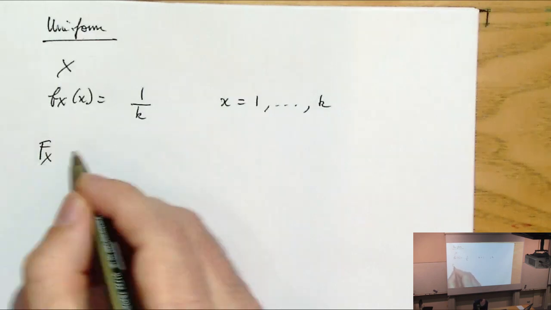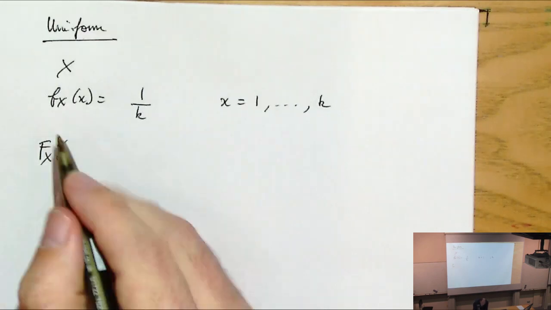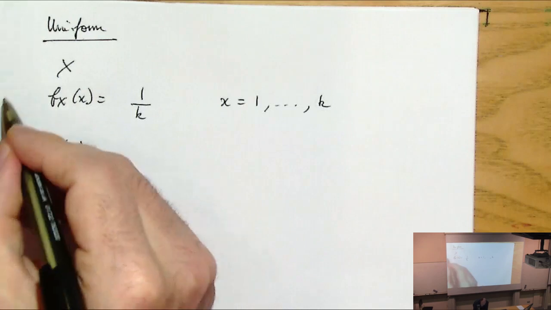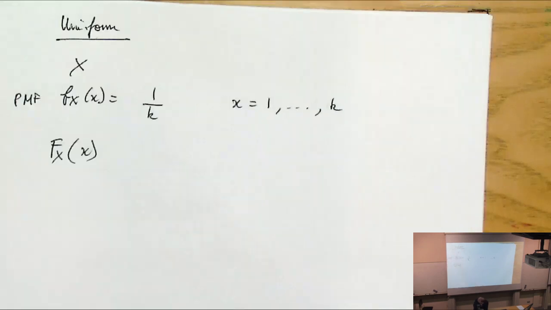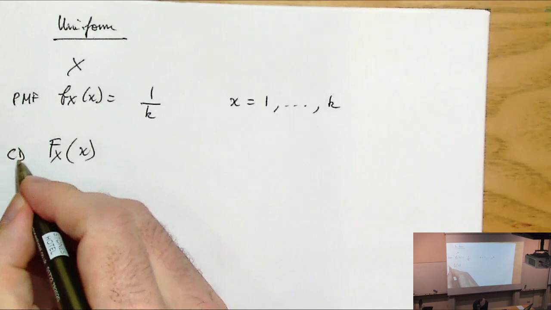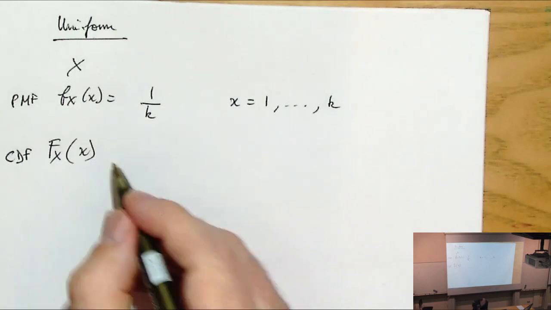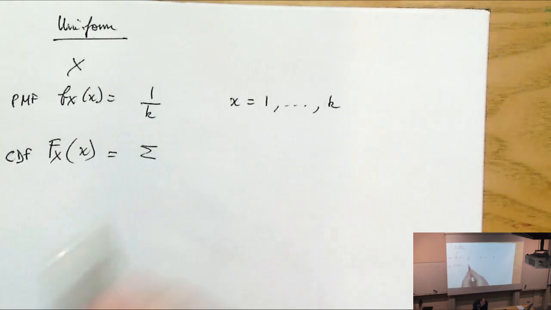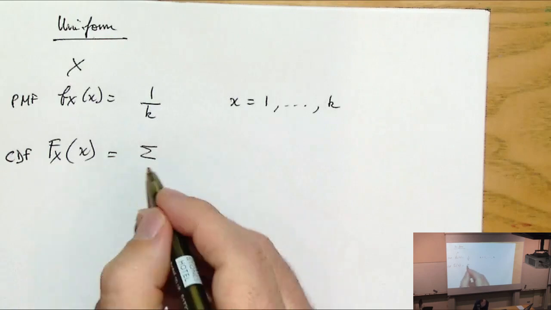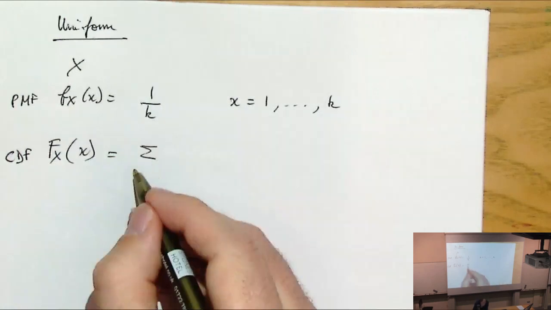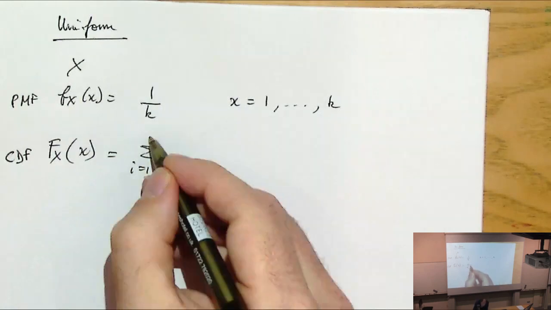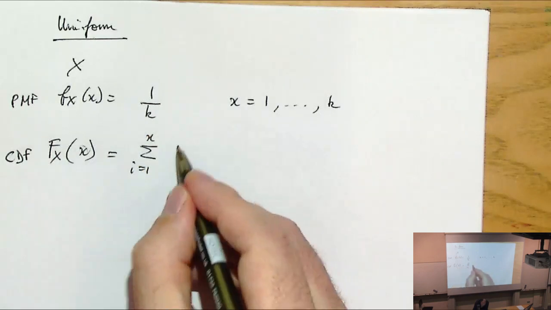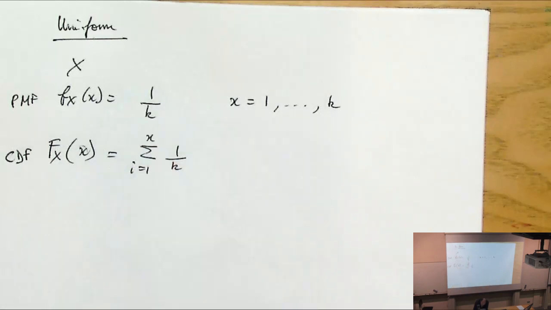What is the cumulative distribution function? So this is our probability mass function, right? This is our cumulative distribution function. Well, it's the sum over all possible values up to x, so i from 1 all the way to the value x, of the probability mass function, which is 1/k.